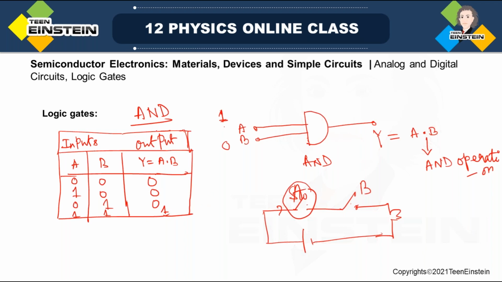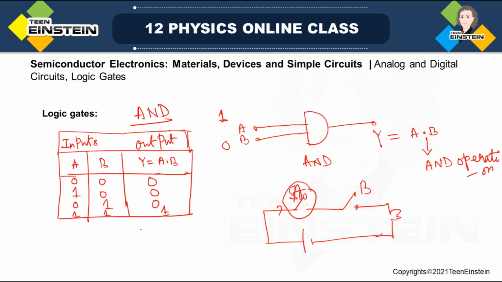So you can see in the AND gate, you'll get output at high level only when all the inputs are at high level. Okay, all the inputs have to be at high state, only then you will get high state output. That means the bulb will glow.